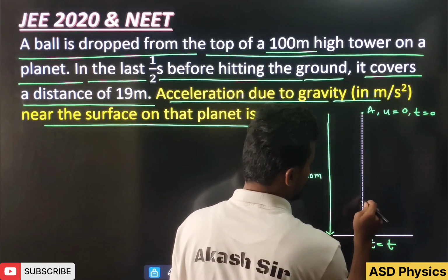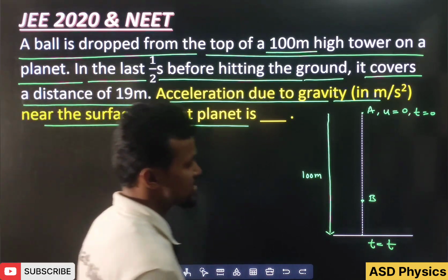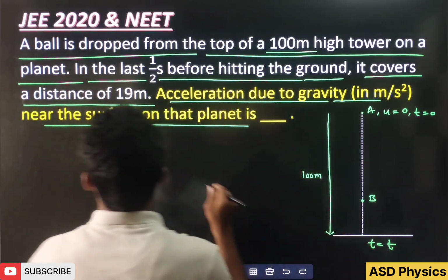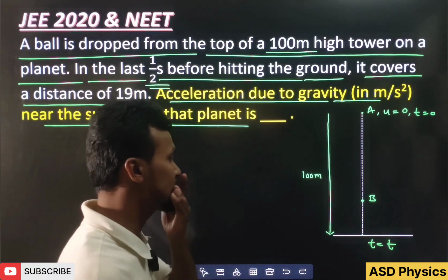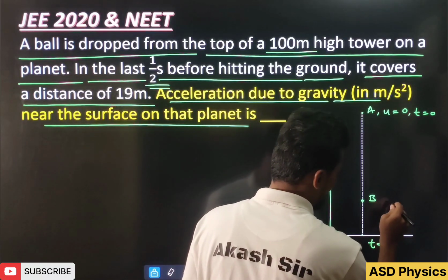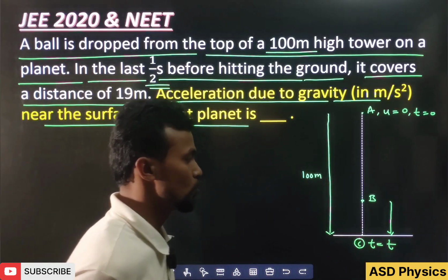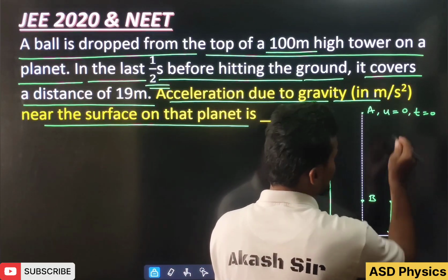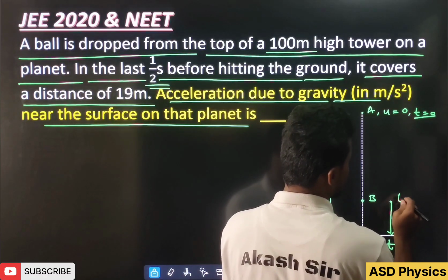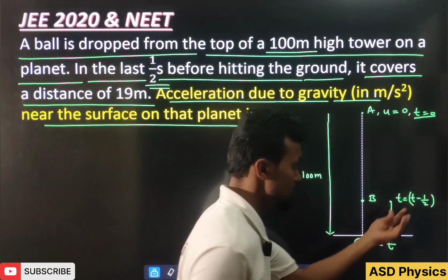Now students, what will happen somewhere here at point B? In the last half second, it is taking just a half second from here to here. So remember, if this is the half second, then from here t equal to 0, here the time is t equal to t minus half.